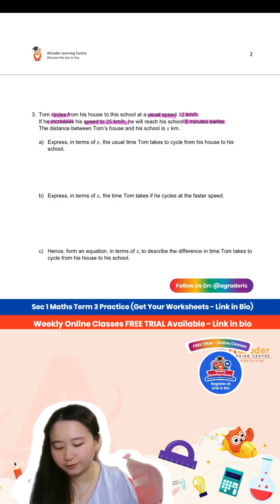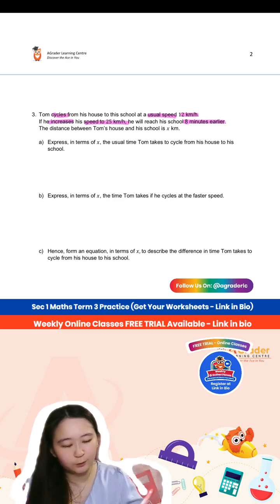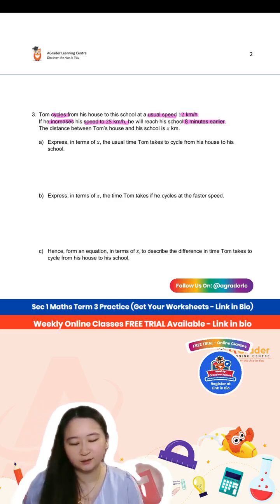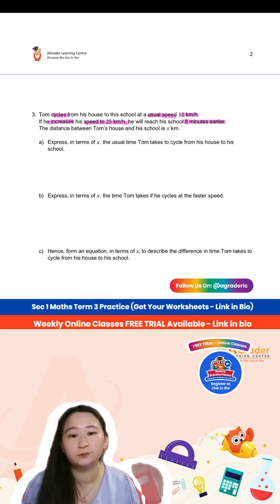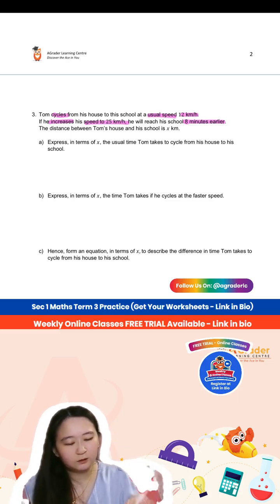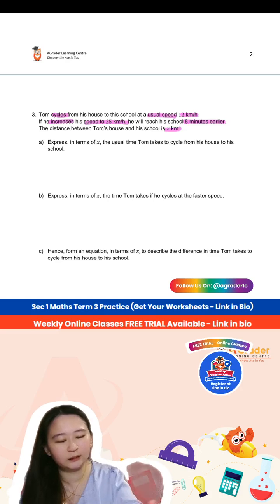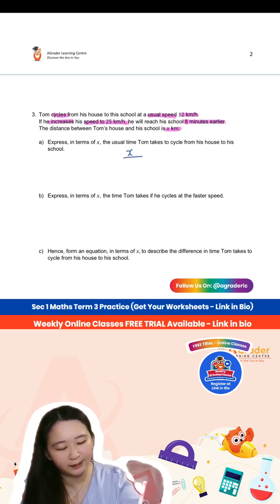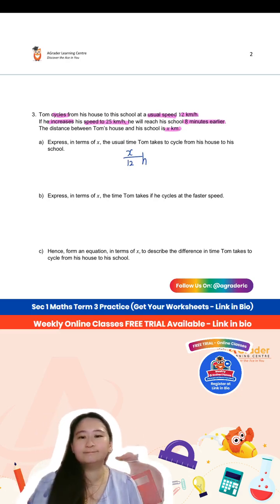Expressed in terms of x, the usual time Tom takes to cycle from his house to his school. So the distance is x kilometers, so distance divided by speed will be the time taken.